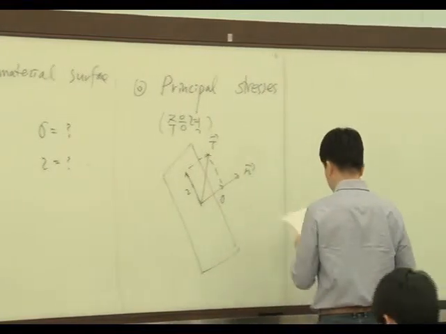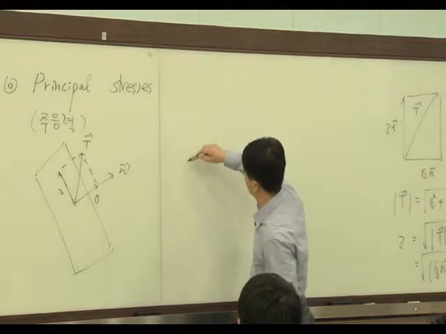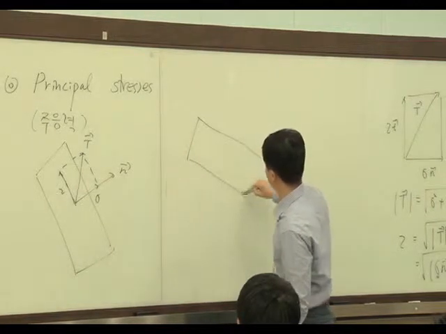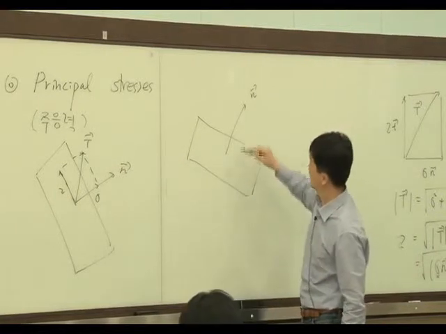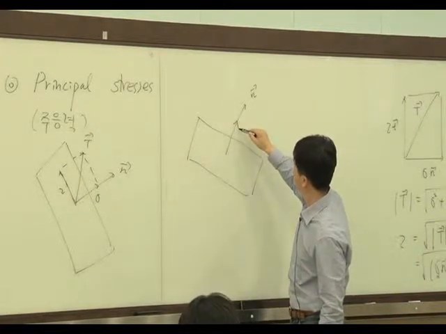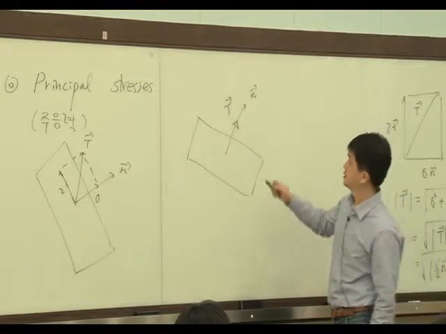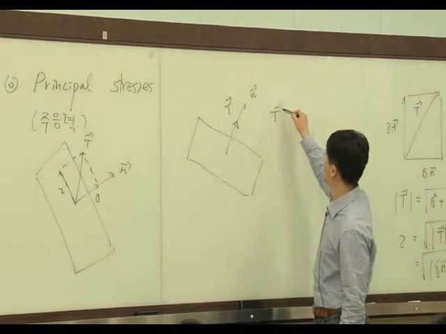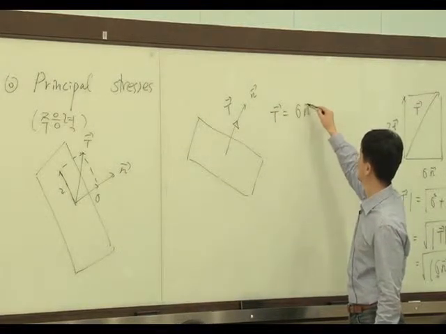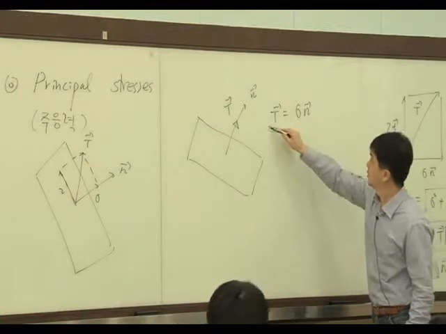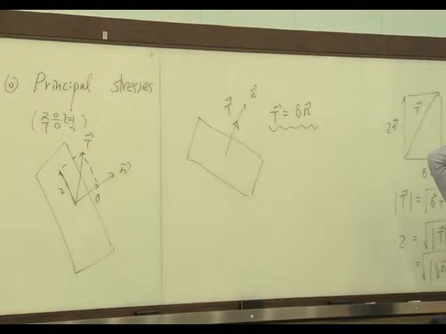So at some direction n, the t vector, the traction vector, is something like this. So t becomes just some normal stress. We can have this kind of situation.